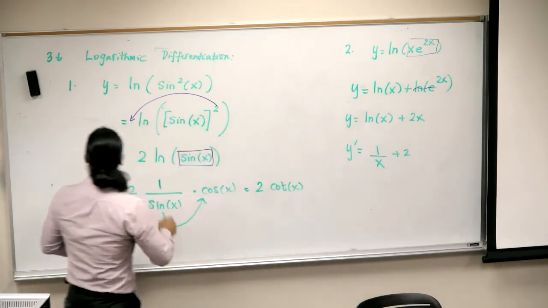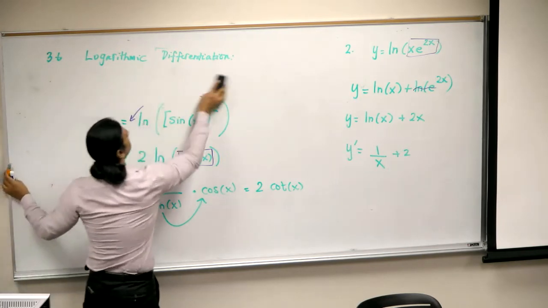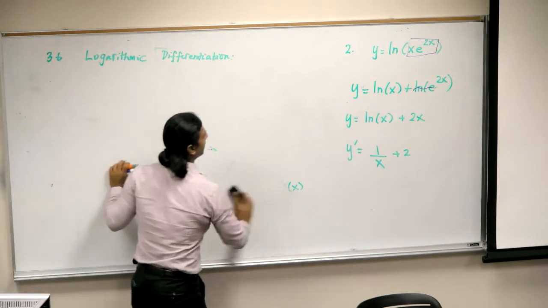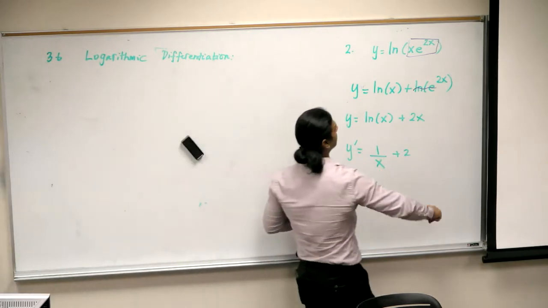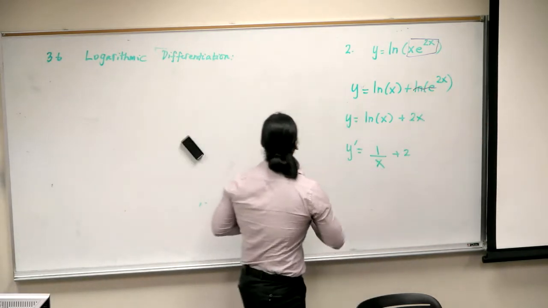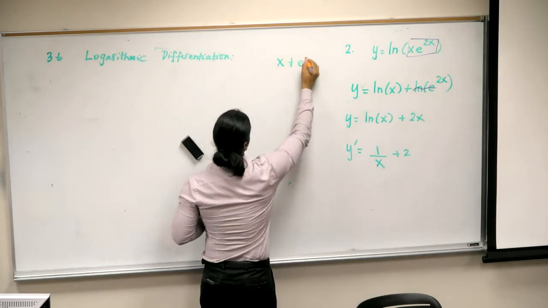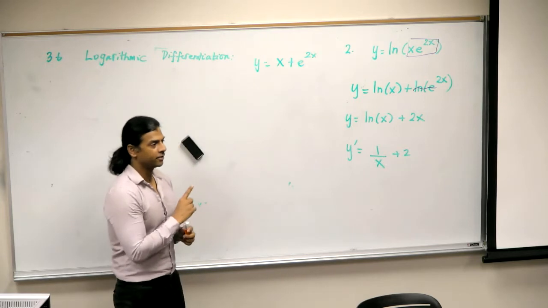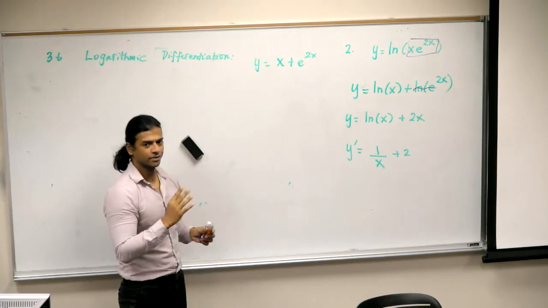Can we add logs to anything we want? Sure, it depends on the problem. For instance, going back to your question, if you have x plus e raised to x equals y, it would be foolish to use logarithmic differentiation. Do you agree?